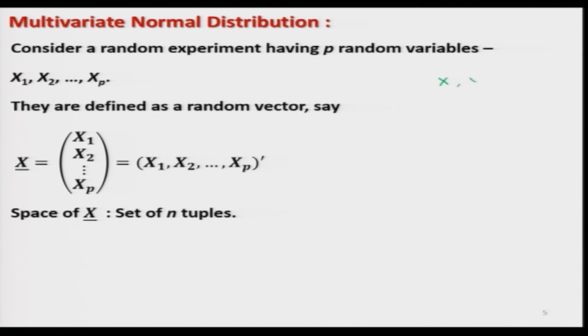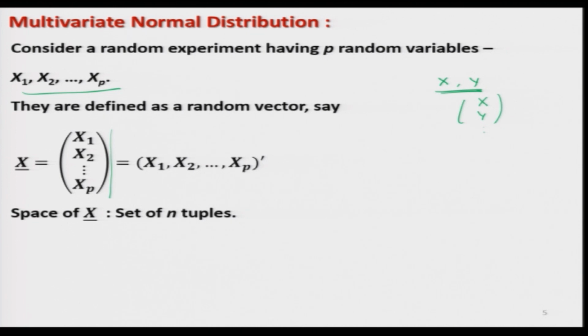Just to give you some idea, here you have taken two random variables x and y, but suppose I take p random variables x1, x2, ..., xp. This pair of random variables x and y can be expressed as a random vector, and this can be extended so that I can express x1, x2, ..., xp as a random vector, which is a column vector of order p cross 1.